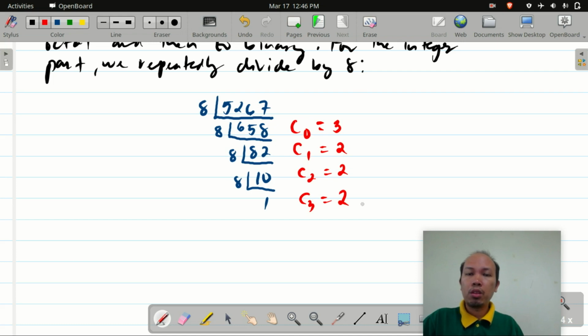Okay, 8 times 1. And then lastly, dividing by 8, the quotient is 0. Am I right? We have 1, 8, 7, 1.